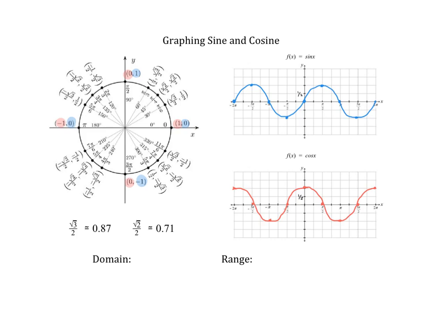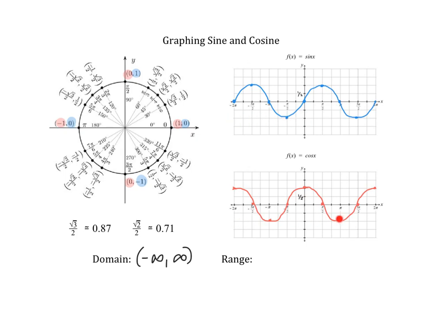You notice that for both of these graphs, they actually have the same domain and range. Remember, our domain is the x values that are defined for the function. If you see, this graph is just going to continue infinitely to the right and left for both. So our domain is all real numbers, negative infinity to positive infinity. But our range is restricted.